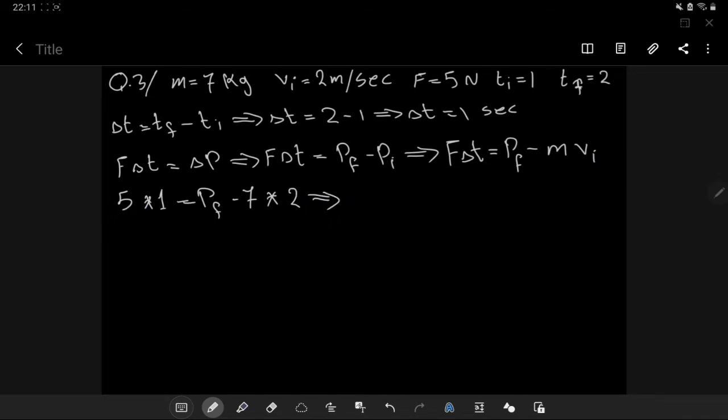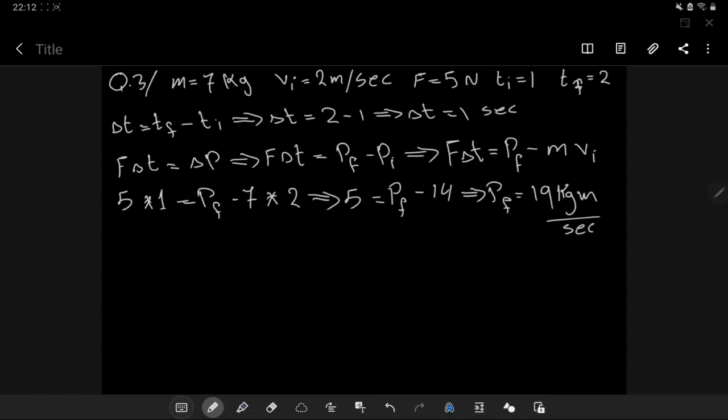So 5 multiplied by 1, that means 5, equal to P final minus 7 multiplied by 2, that's equal to 14. So after that, we will find the P final, that's equal to 19 kilogram meter over second.